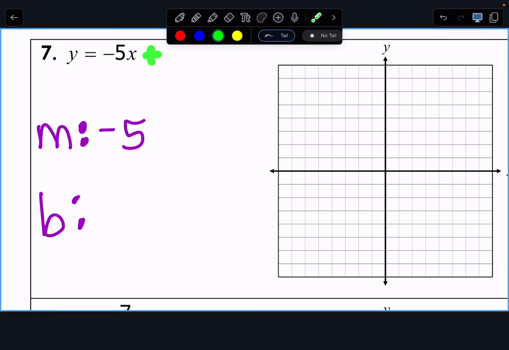So it's like a plus 0, but we're not going to write plus 0. That would be weird. So our y-intercept is 0, which means we're going to start at the origin. Again, our slope is not a fraction, so we need to make it a fraction by putting it over 1 so that we can go down. Why am I going down and then over? Because it's a negative slope.